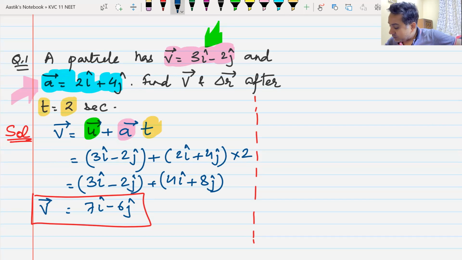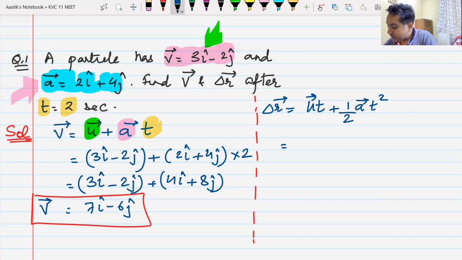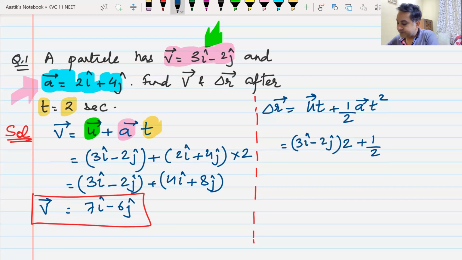How do I find out the displacement? I find out the displacement like this. I put the formula ut plus half at square. I put the values of u. U is 3i minus 2j. I multiply it by time, 2 seconds, plus half acceleration, 2i plus 4j, multiplied by t square, which is 2 square.